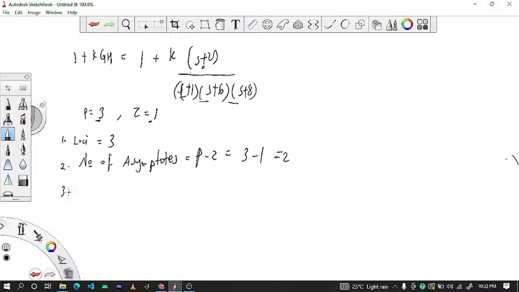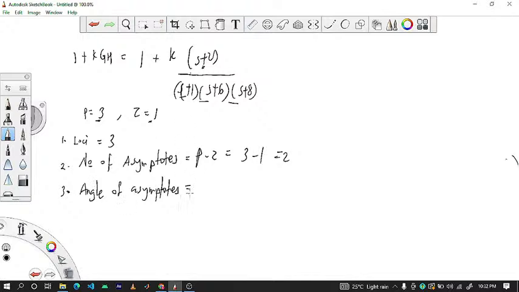Now, your asymptotes will span a certain angle, so the next thing you find is the angle of asymptotes. No matter the question you have, this is how you solve it. First, loci. Second, number of asymptotes. Third, angle of asymptotes.